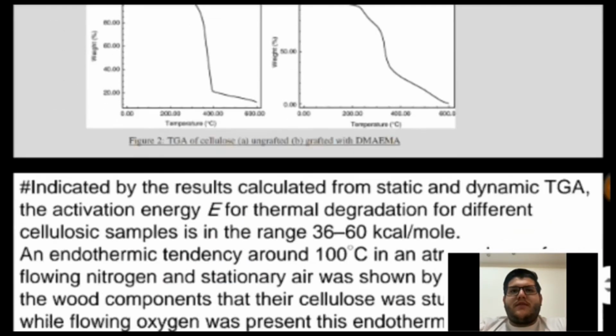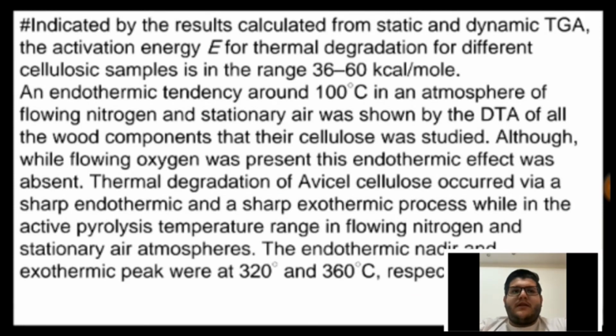The results calculated from the static and dynamic TGA indicate that the activation energy for thermal degradation of different cellulose samples is in the range of 36 to 16 kilocalories per mole. The DTA in nitrogen and oxygen air showed an endothermic and an exothermic peak at 320 and 360 Celsius respectively.